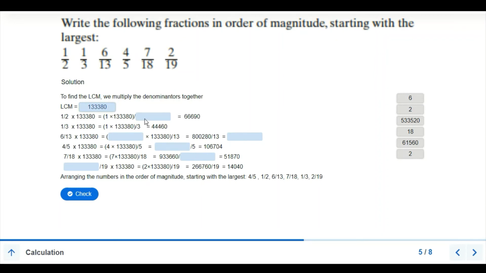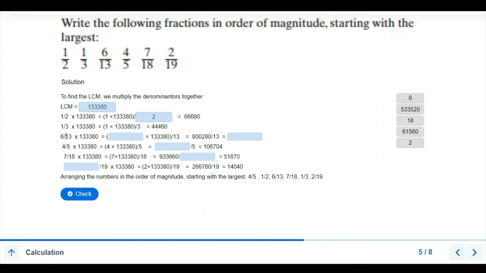So if you have 1 over 2 multiplied by the LCM, then the missing value here should be 2, I guess. So by the time you have 133,380 divided by 2, we have this as answer. If you multiply 1 over 3 times 133,380, we have an answer to be 44,460.